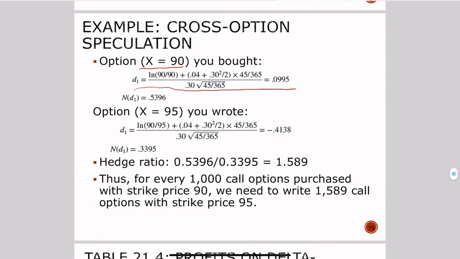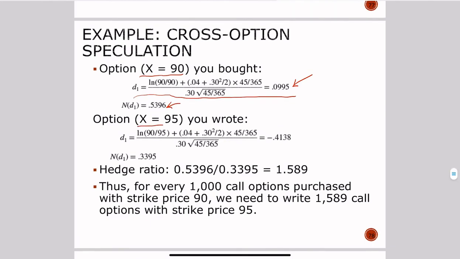Again, you can find all these numbers, so as an exercise, try it yourself. You can find that the delta for the first option is 0.5396. And the delta for the second option, the option with a 95 exercise price, is 0.3395.